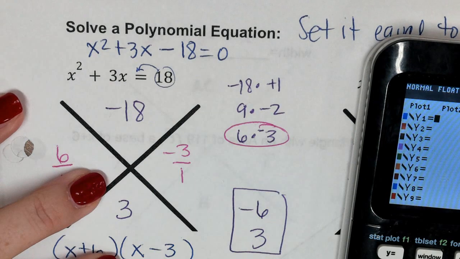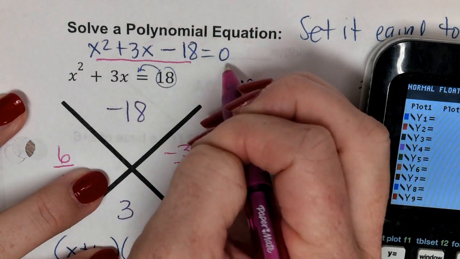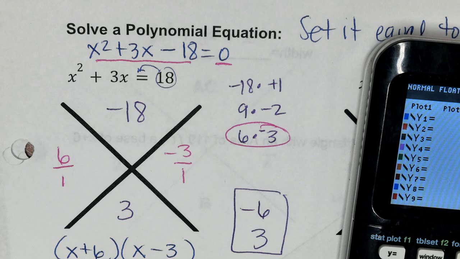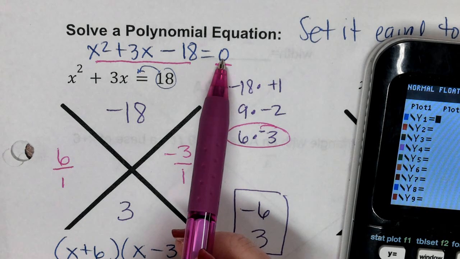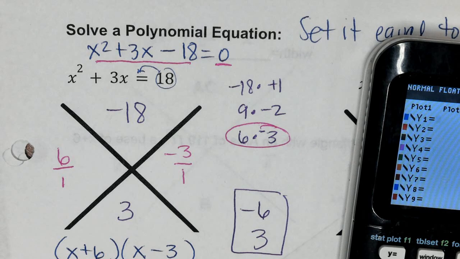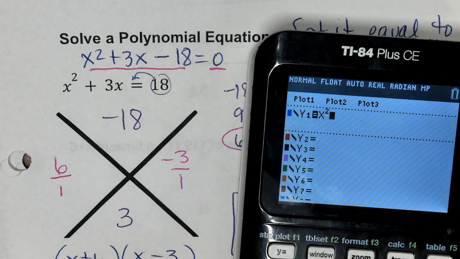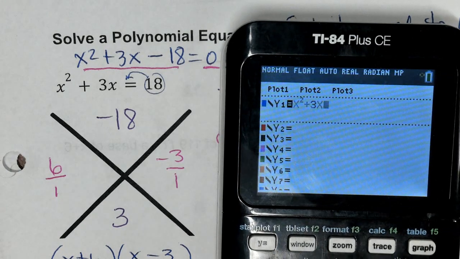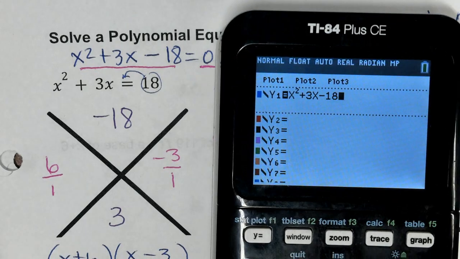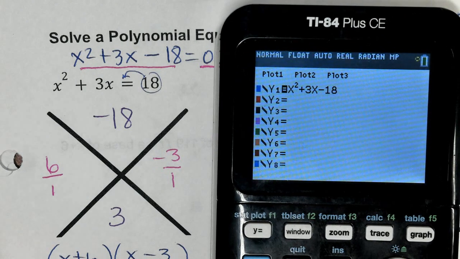So this side goes in y1 and that goes in y2. Why does that have to go in y2? Because we're looking at where it touches the x-axis. And isn't 0 the x-axis? Like y equals 0. All right, here we go. So we type in x squared plus 3x minus 18. And then for y2, just type in 0.